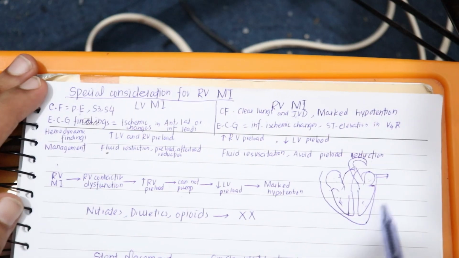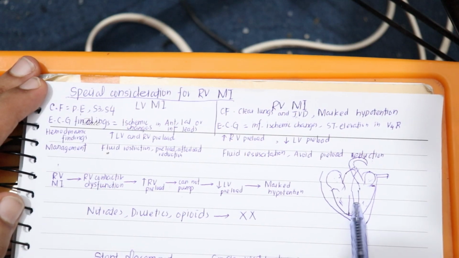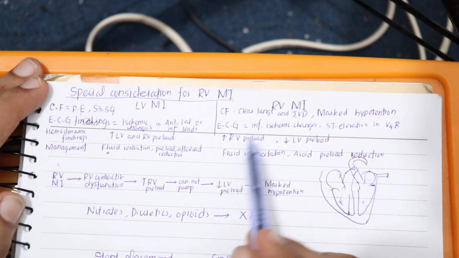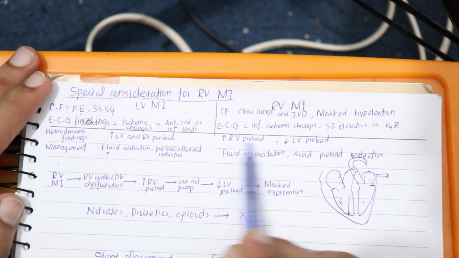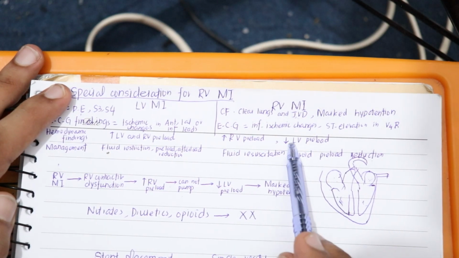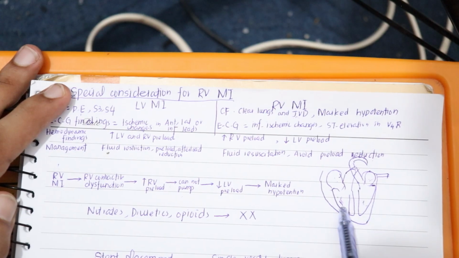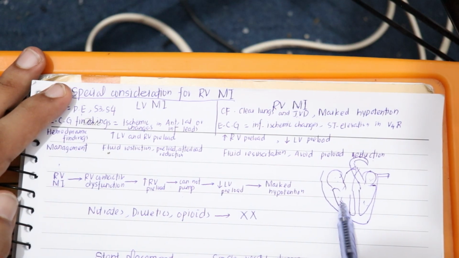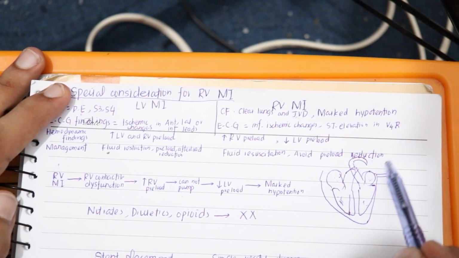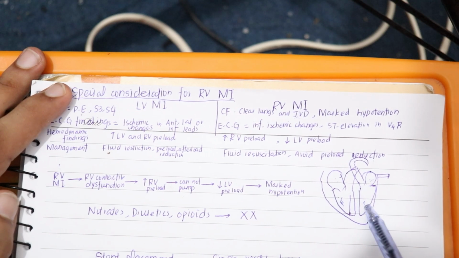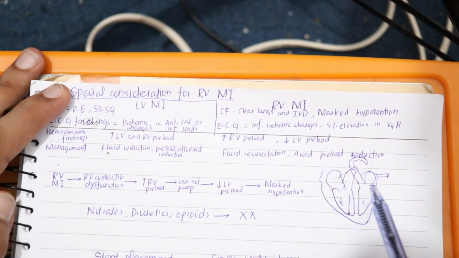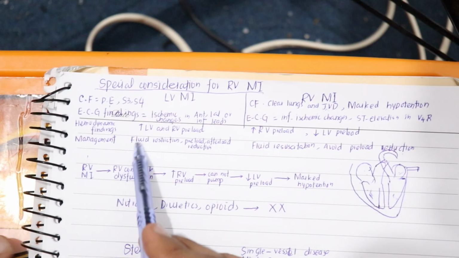Why? Because there is accumulation of blood, so preload is increased. While in case of right ventricular MI, the right ventricular preload is increased, but left ventricular preload is decreased. Why? Because the right ventricle is not pumping blood into the lungs, and there is less return to the left side, and that's why left ventricle preload is decreased.